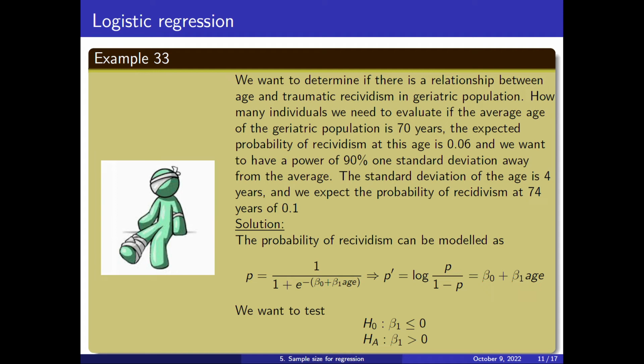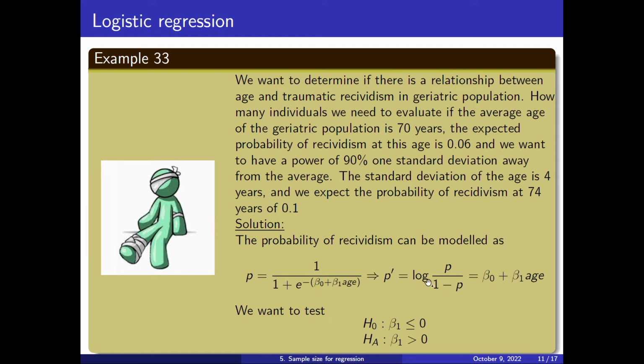And then what we do is to transform this equation into this one. So we simply define p prime, that is the logarithm of p divided by 1 minus p. This is called the logit transformation. And then the logit of the probability is just a linear function. So it is now much more easy to handle.